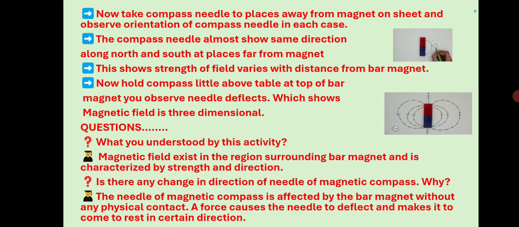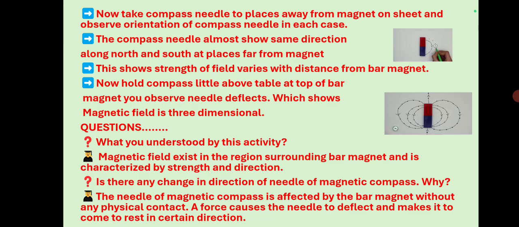It clearly shows that the magnetic field is three-dimensional. Either beside, above or below, wherever you keep the compass needle around this bar magnet, you will see the needle deflects, indicating that the magnetic field is three-dimensional.